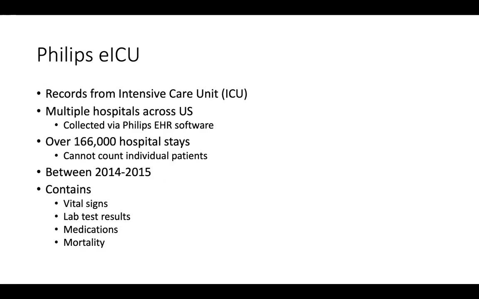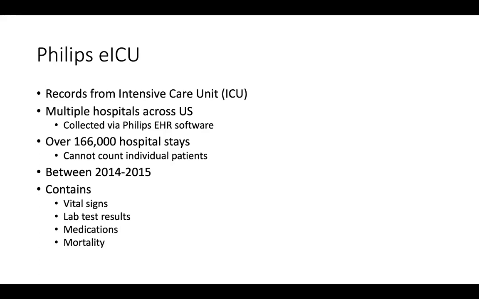A big part of Philips is dedicated to healthcare. So they actually make EHR software, and multiple hospitals in the United States use Philips software to store EHR, and that's how Philips was able to collect ICU records from multiple hospitals. They basically have their software installed in multiple hospitals.